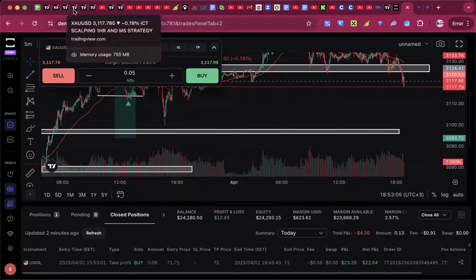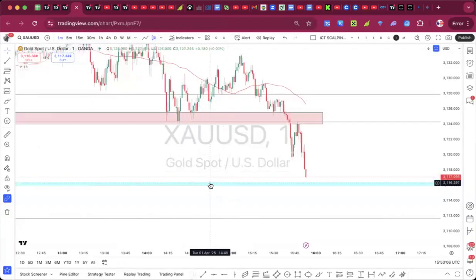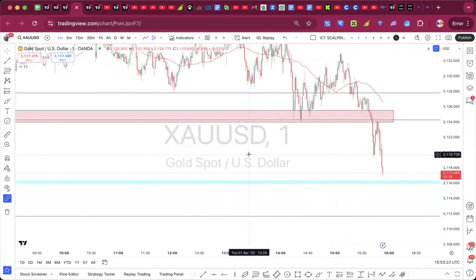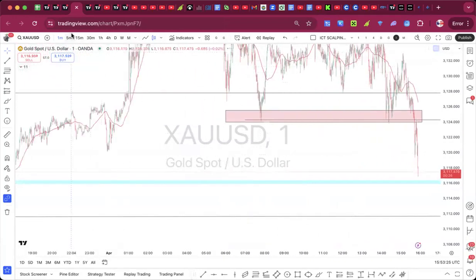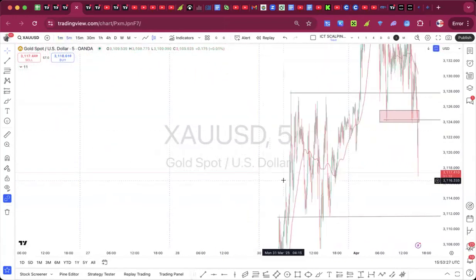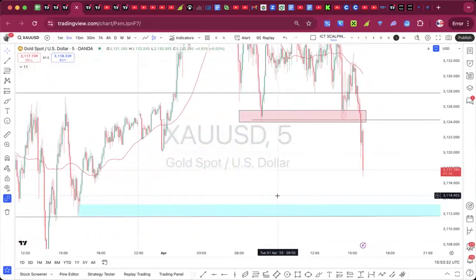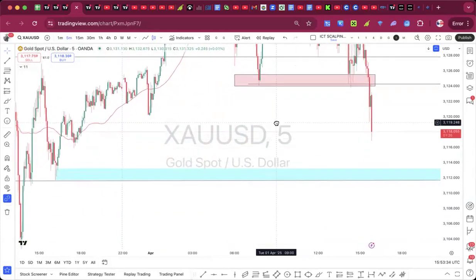So if we go back to our chart, remember? If I check my trade that was running before now, I'm on $44. Amazing. This is fantastic. $44. Okay. So here, we said this guy. So let's go back to 5 minutes right now and look at liquidity areas where gold can return back to, right?